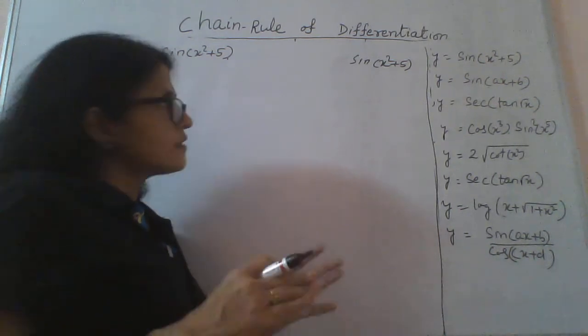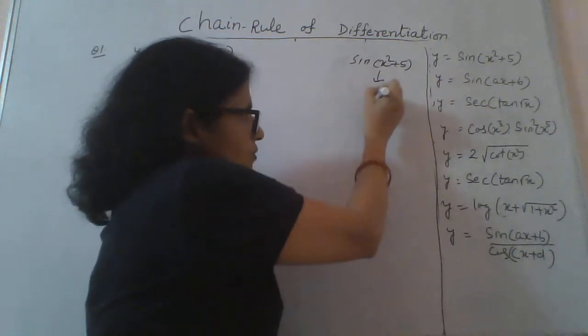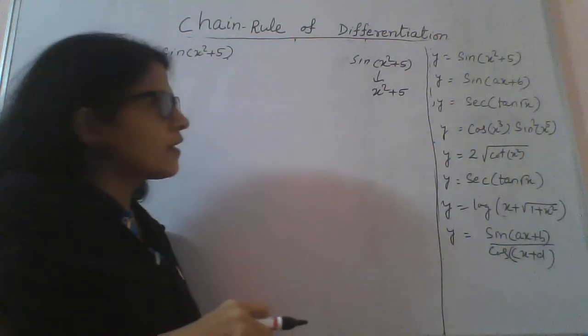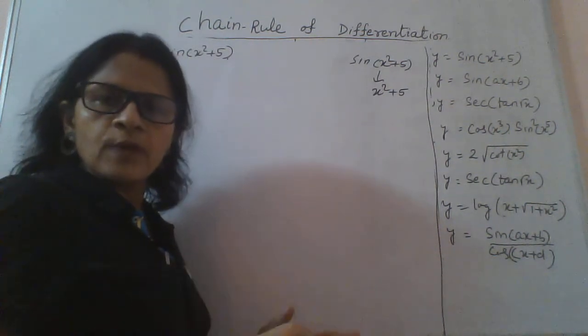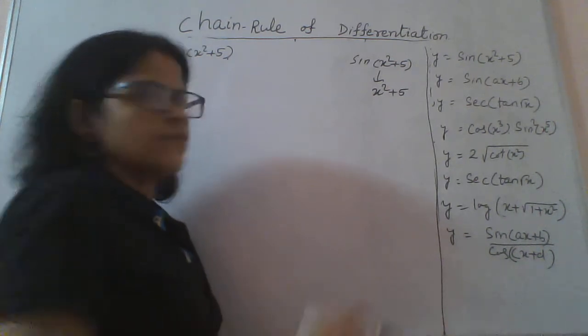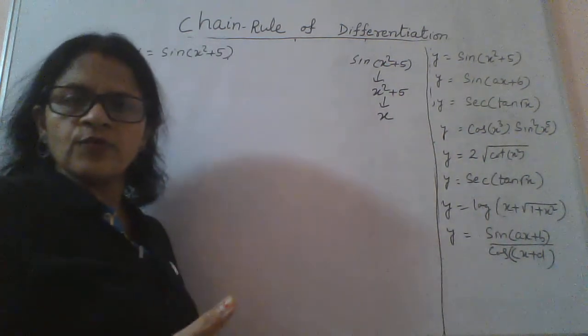Whenever you say sine of x square plus 5, what will it be a function of? It will be a function of x square plus 5. Sine of x square plus 5 is a function of x square plus 5, and x square plus 5 is a function of x.